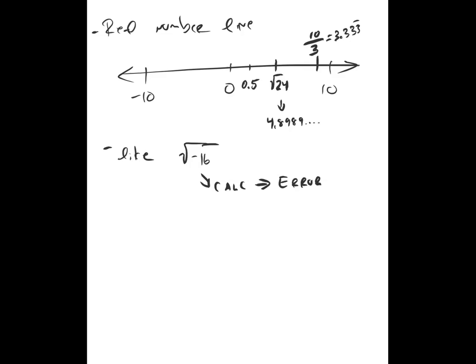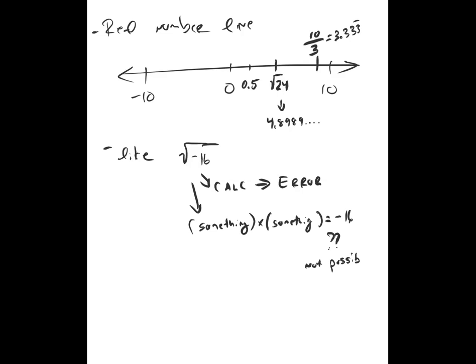We talked about square roots in the past. Something times something gives you negative 16. Not possible.